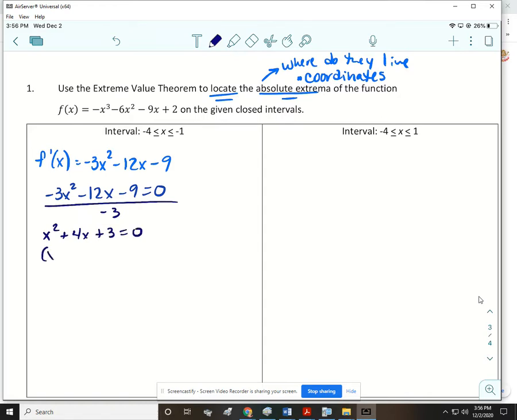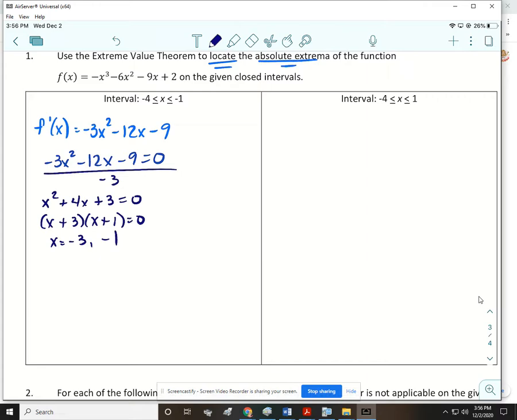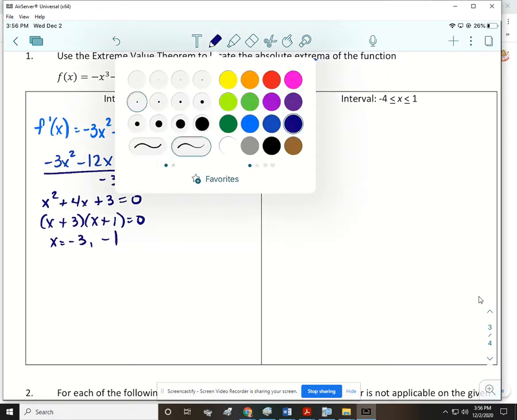And then factor it. So we are going to get two critical numbers, negative 3 and negative 1, and they both fall in that interval. So we're good with both of them.